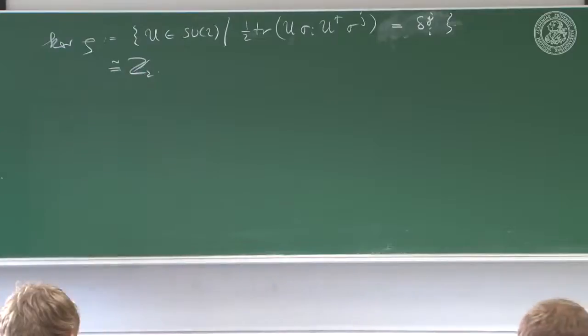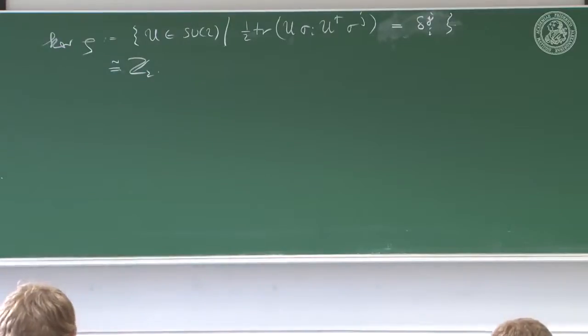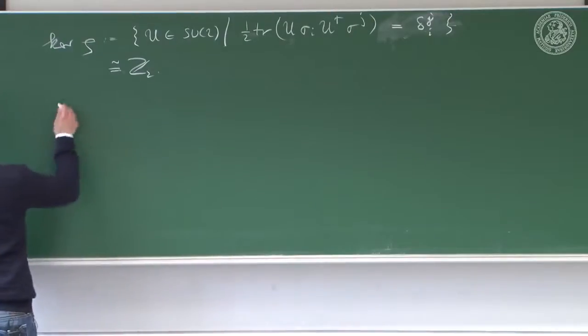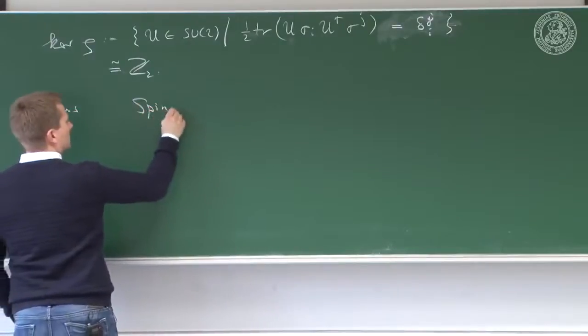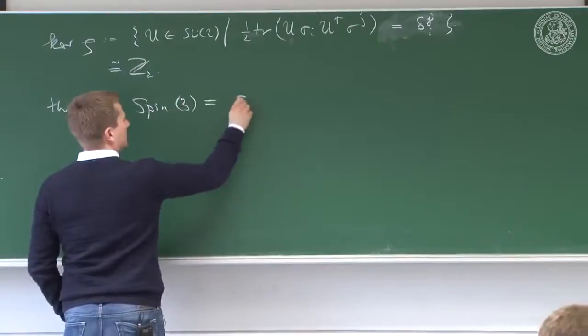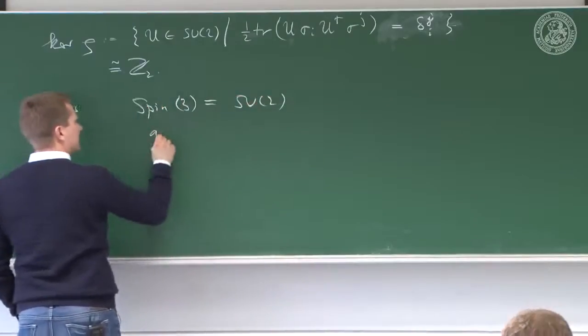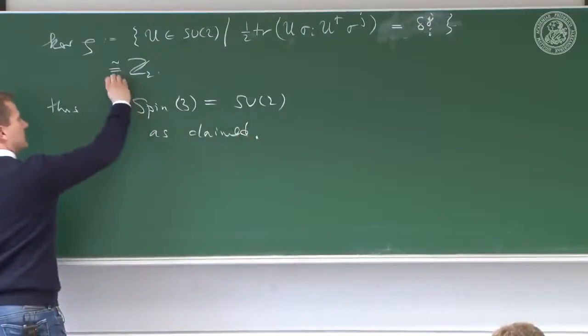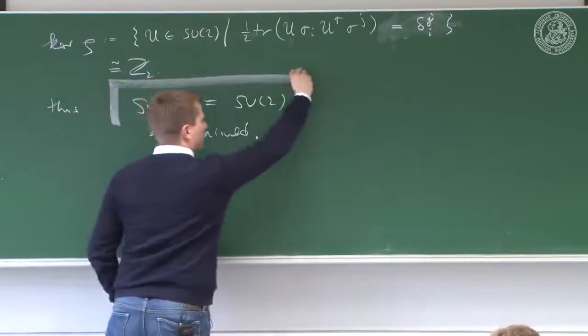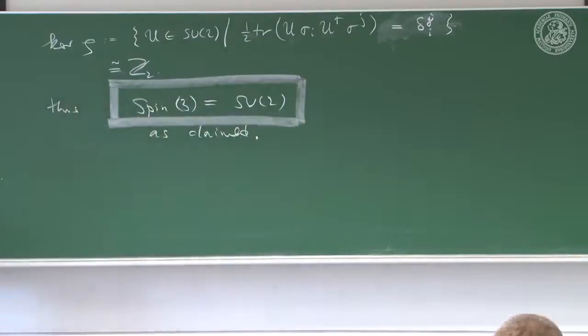From this you learn that there are two in there. Thus Spin 3 equals SU2 as claimed. So all we did is prove what before in the table I claimed for one special case.